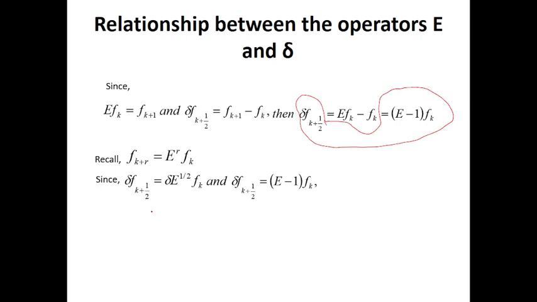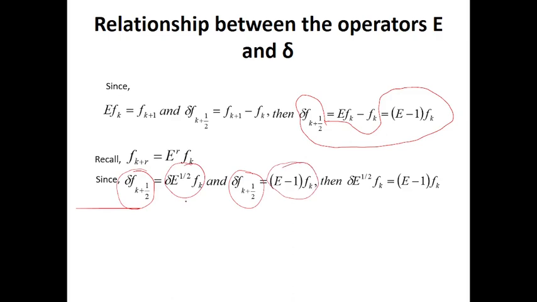No? So pagka ganon, pareho naman delta f sub k plus 1 half, so we can equate the two: delta E to the 1 half f sub k and (E minus 1) f sub k. Then cancel natin yon. Okay?